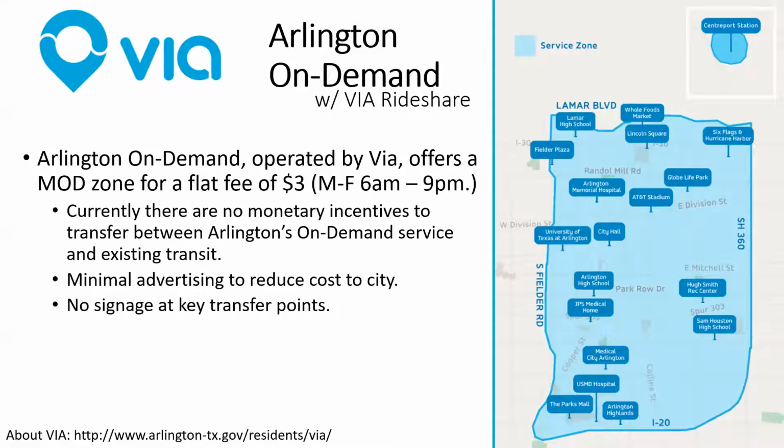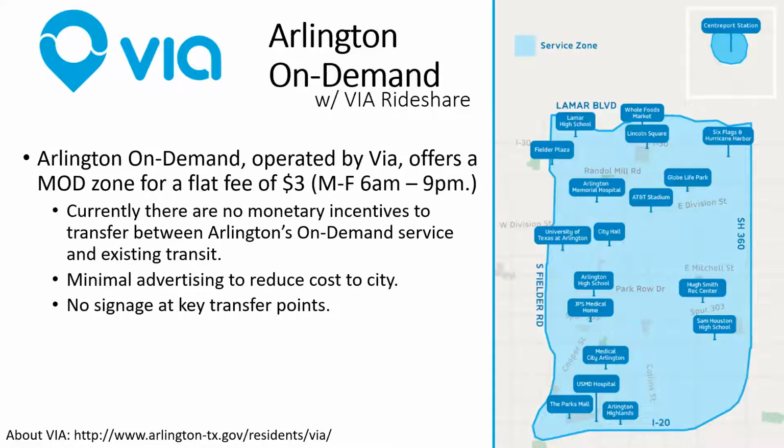So this is looking at the Arlington case. In Arlington, there was previously no public transit service, but what they offered to do here was use city funds to subsidize VIA, which offers a $3 flat rate to take their shared service around town.